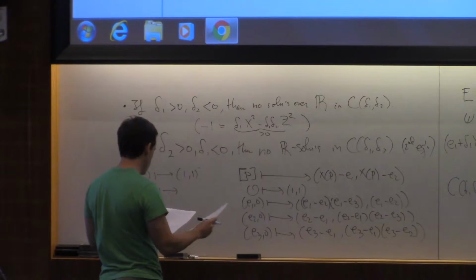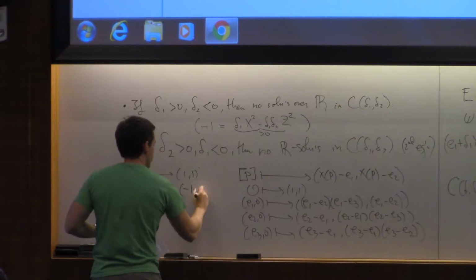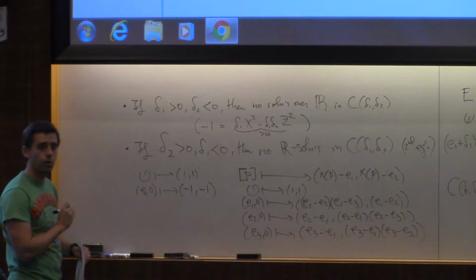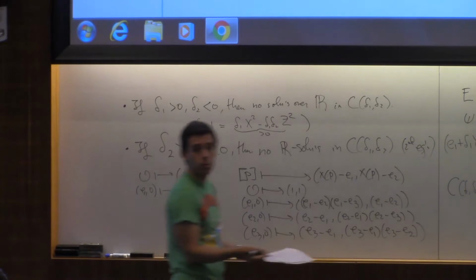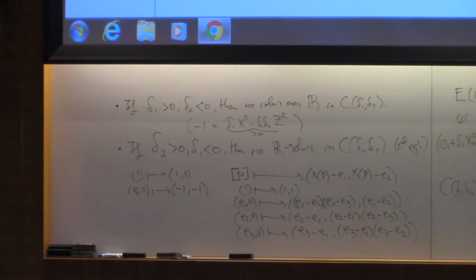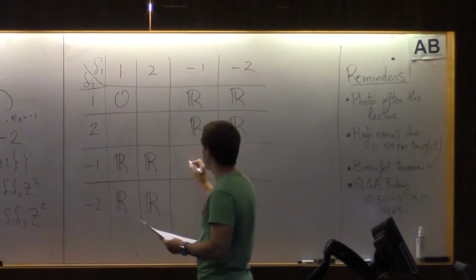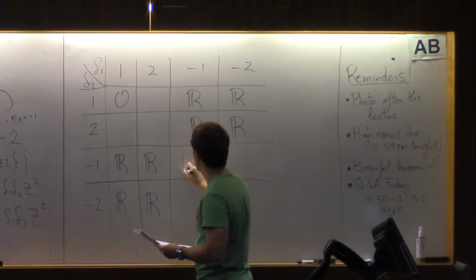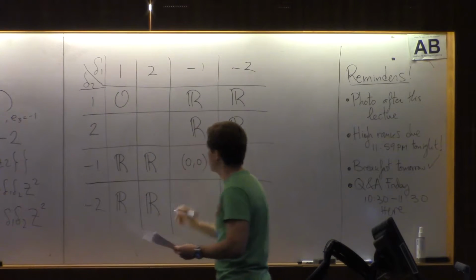So it goes to (minus 1, minus 1). Okay? So there is a rational point, but I know that that corresponds to one of the two-torsion points on my elliptic curve. So minus 1 is okay, but it comes from something I already know, which is (0, 0).